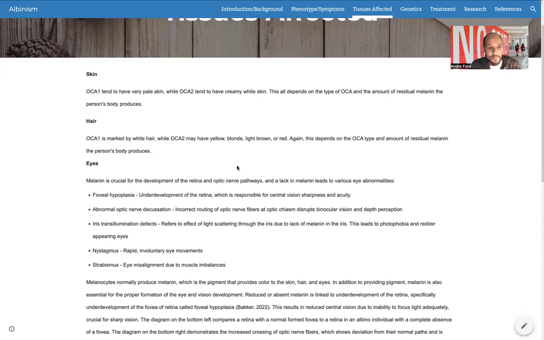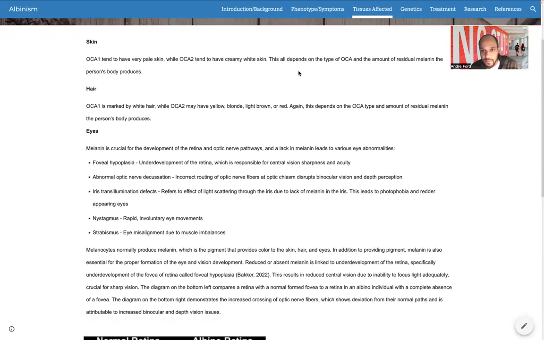With hair, OCA1, they have white hair, no pigment at all. And OCA2, the hair color can range from yellow to blonde, light brown, or even red. But all of this depends on the type of OCA, as I said, and then the amount of residual melanin that the person's body produces.